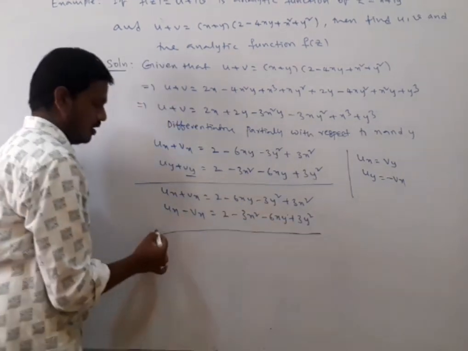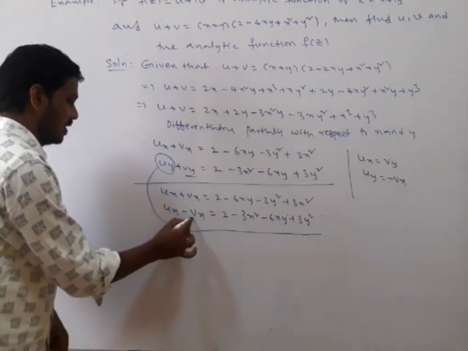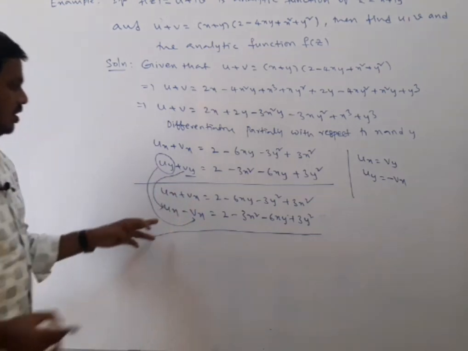Clear now? Just uy is replaced by minus vx, vy is replaced by ux.